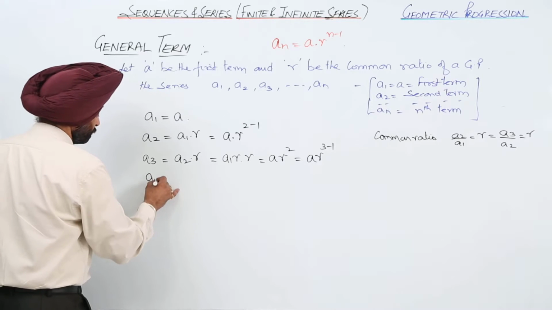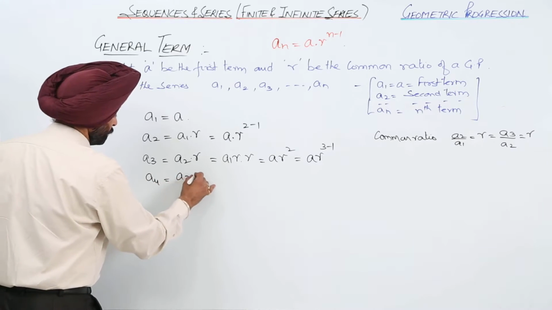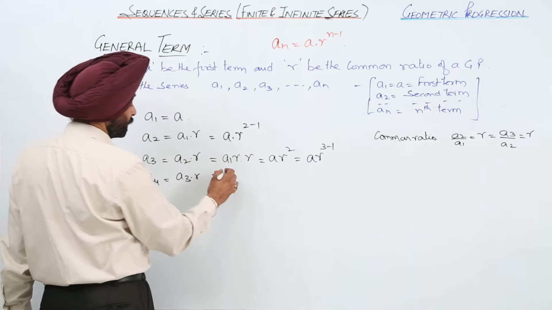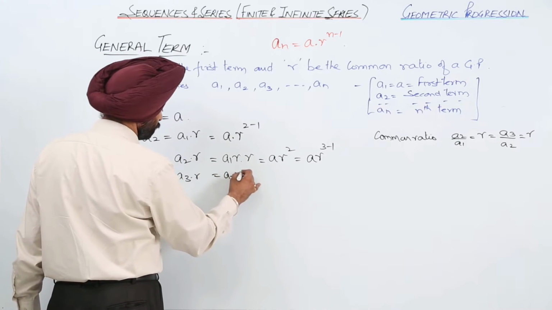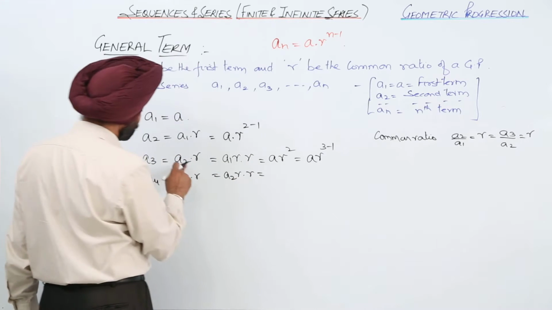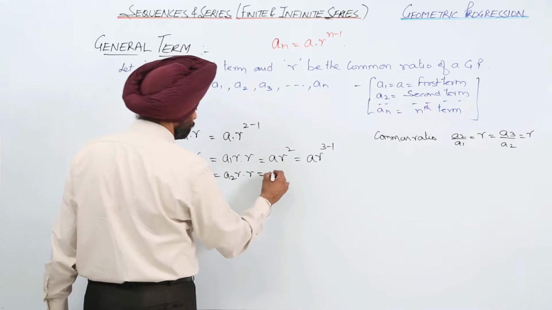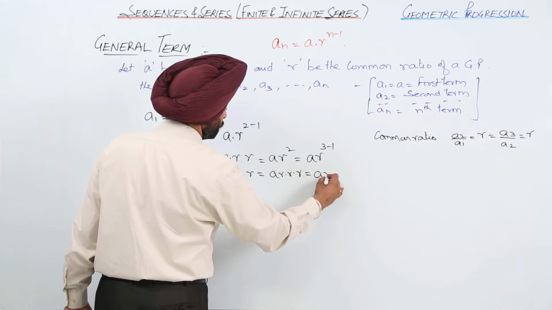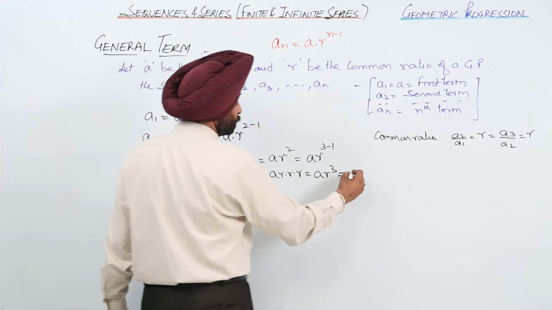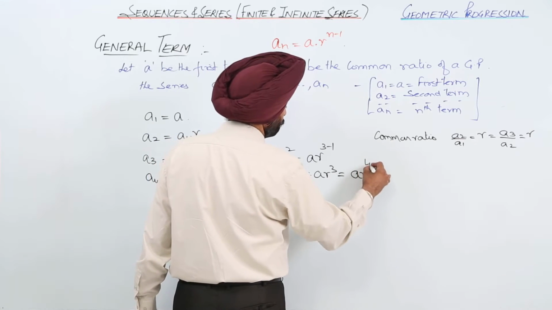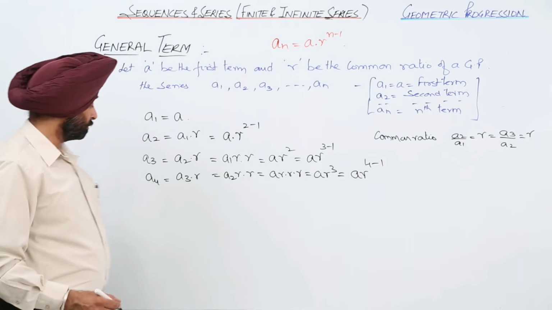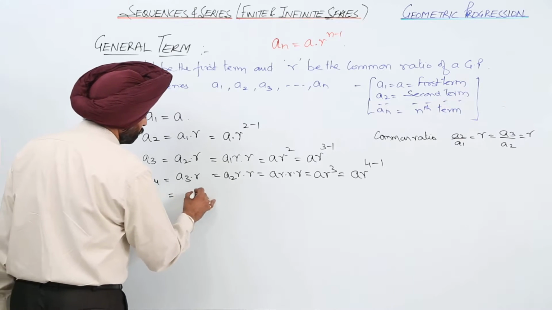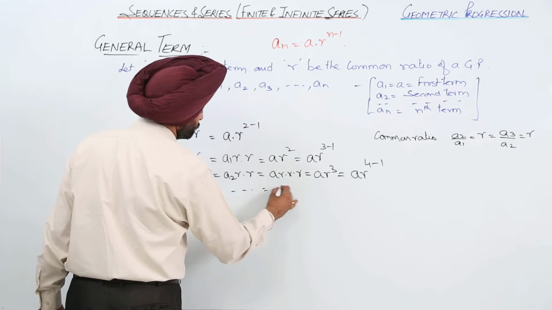Similarly A4 is A3R. Now A3 is A2R. So A2R with R. A2 is A1R. So AR, R and R. Now this is AR cube, or we can write it as AR to the power 4 minus 1. Okay. Like this we can go for all the other cases.